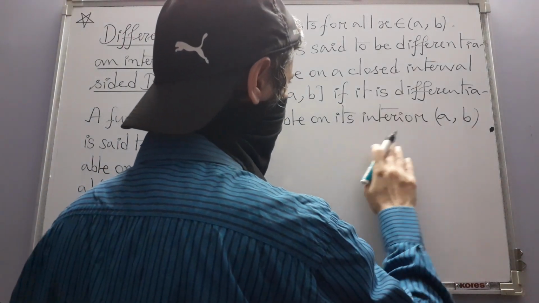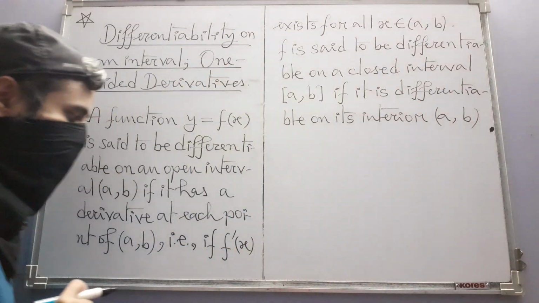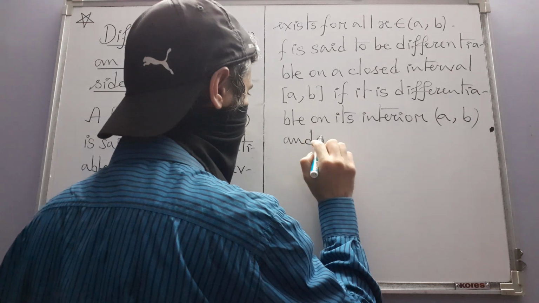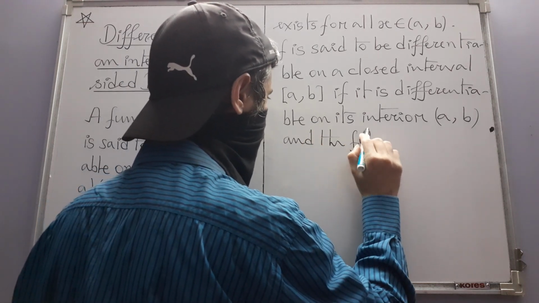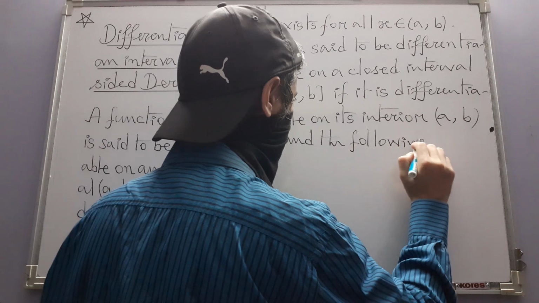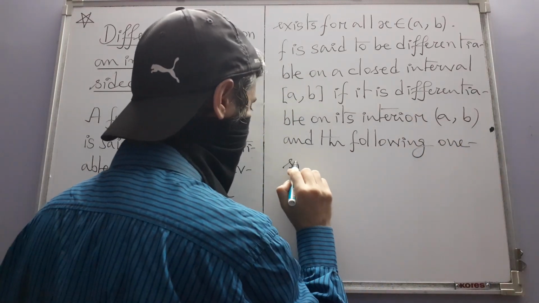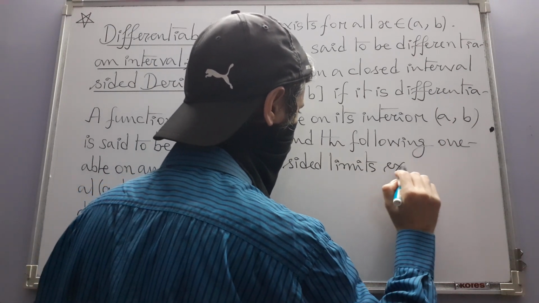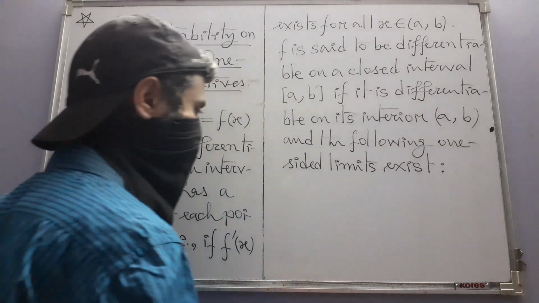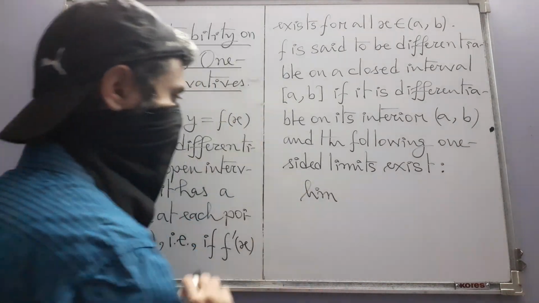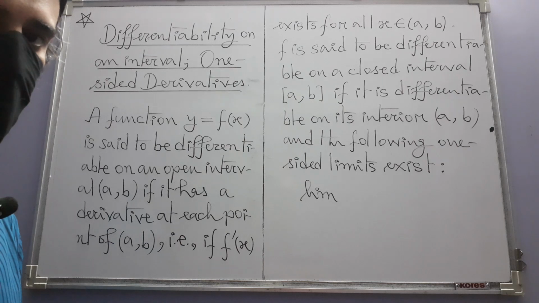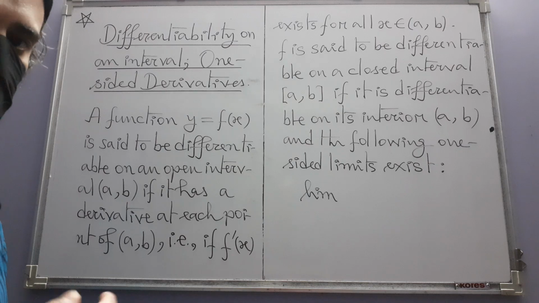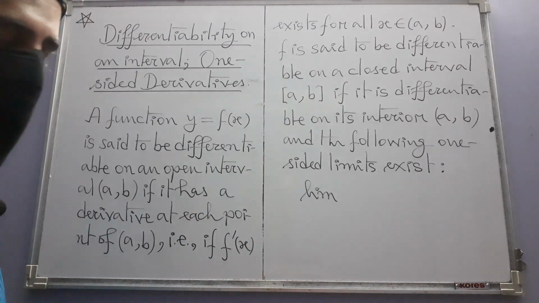So, if the function is differentiable on the interior in this sense, and the following one-sided limits exist. These limits will be just like an ordinary derivative. The only difference is that unlike ordinary derivatives, which are normal limits, these will be one-sided limits.